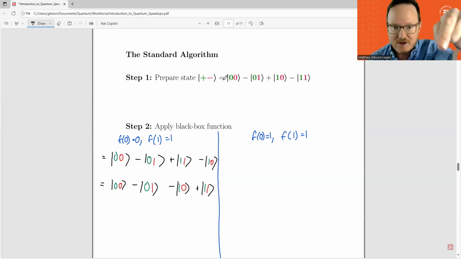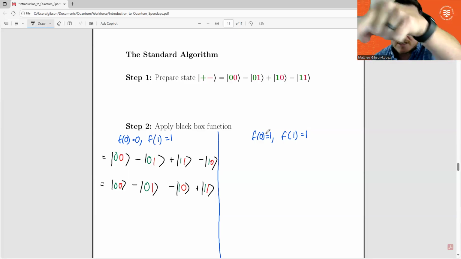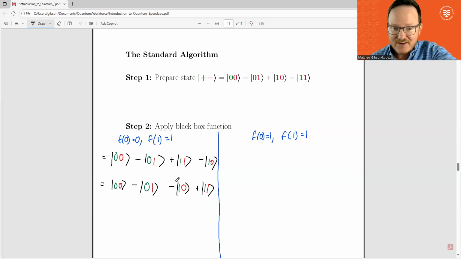So when I think about what my input was to jumping to here, you can kind of think of it as if these two states swapped signs. That's not what really happened. The two states swapped places and the signs happened to be the opposite of each other, so it's like they exchanged signs.